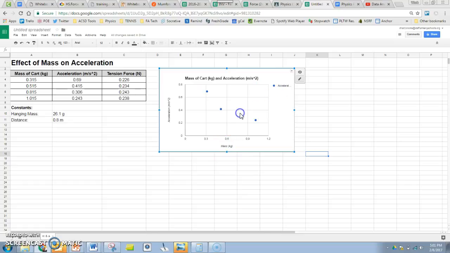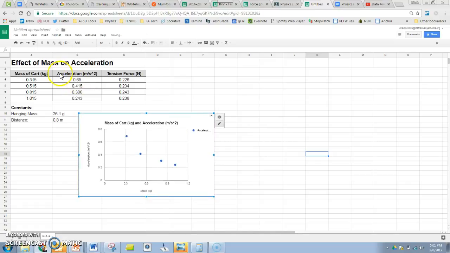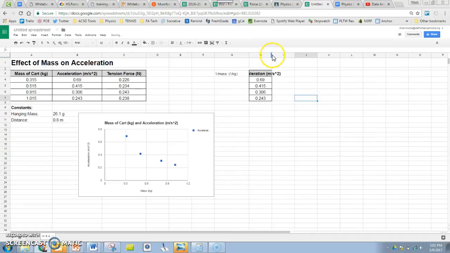So I'm going to kind of get this out of the way here for a second. I'm going to graph 1 over mass versus acceleration. So let's just slide over here and make another little chart here. There's that. That's going to be 1 over my mass, and that's going to have units of 1 over kilograms. And to determine those values, I'm not going to do it by hand.